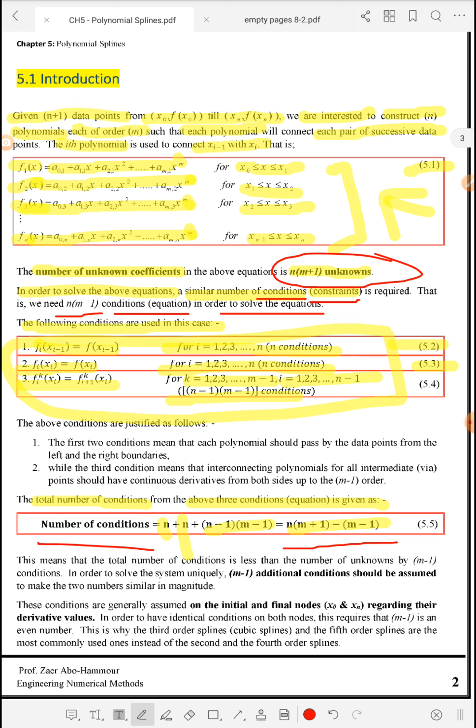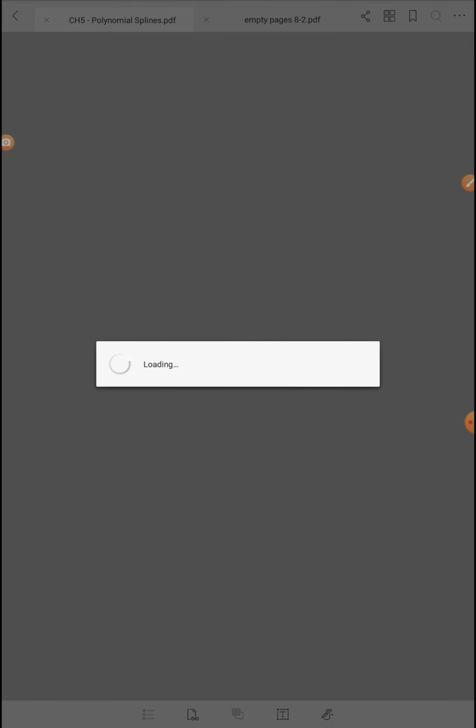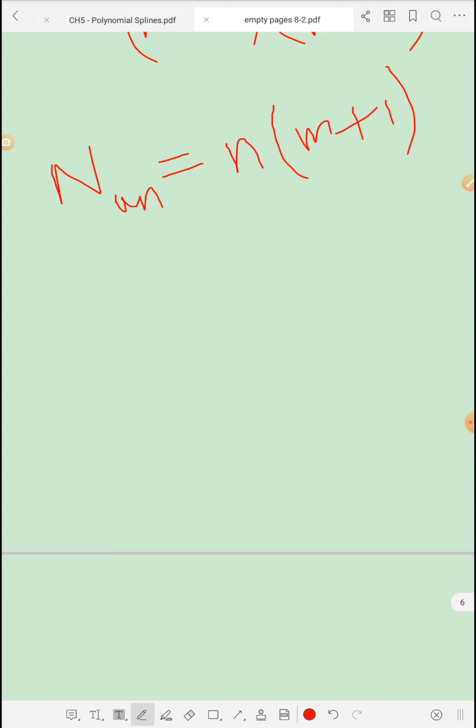So if we want to write again, the number of unknowns is equal to n, the number of polynomials, multiplied by m plus 1, where m is the order of the polynomial, plus 1, which is the number of unknown variables a naught till am in each polynomial.